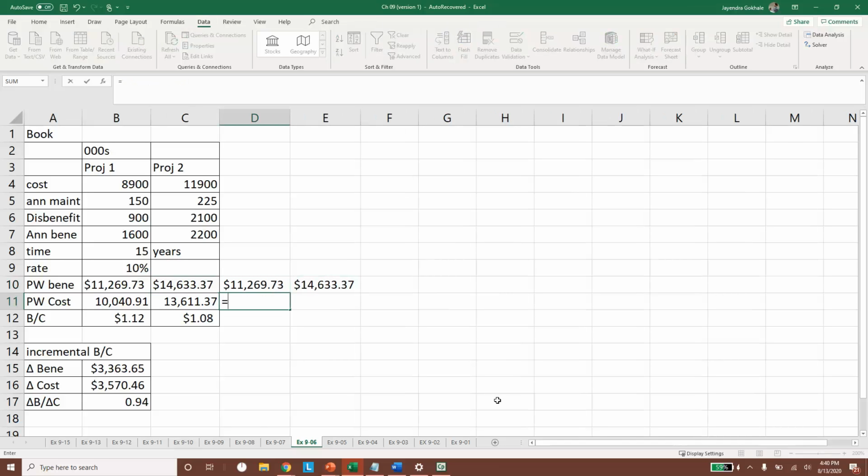Now let's do it for cost. So equals PV. The rate is $B9, comma. The number of periods, $B8. Sometimes it's just easier to type it off. Annual maintenance is 150, so B5. Excellent. Comma. Future value 0. No last cash flows. Type 0. And then it's going to give me a negative value, minus 8,900.